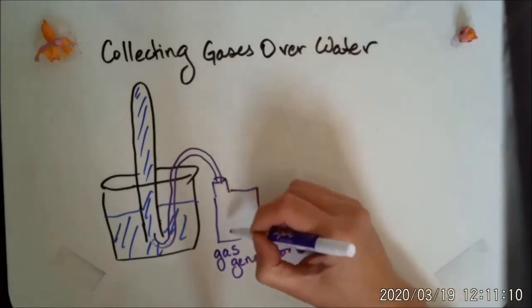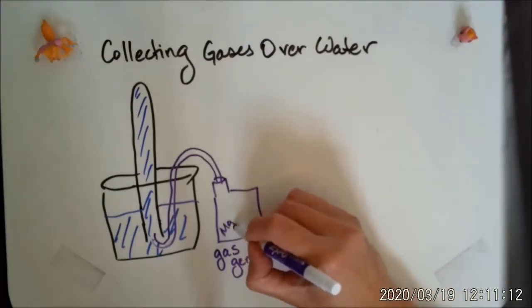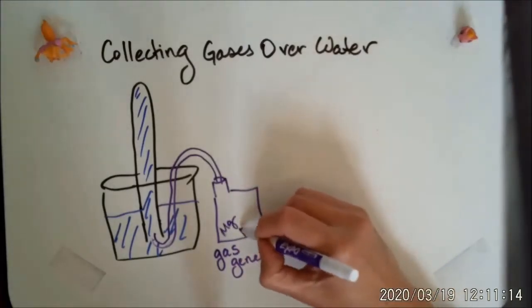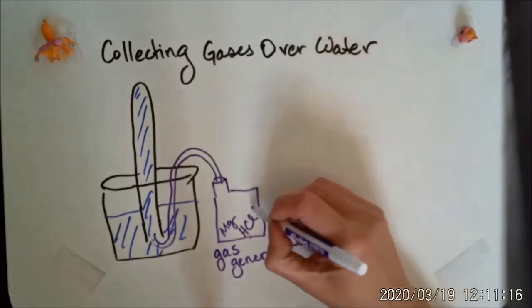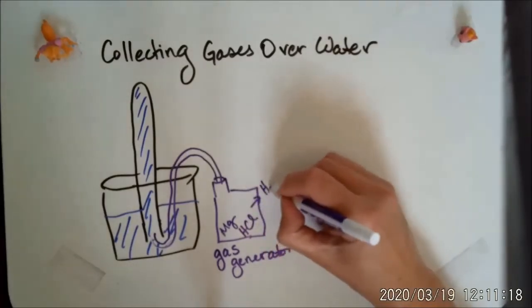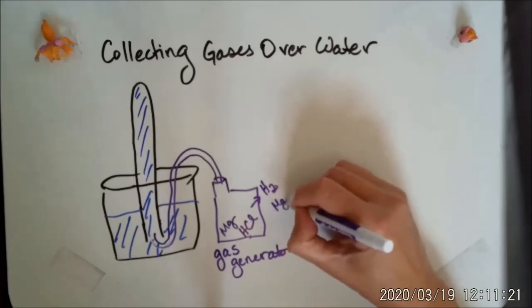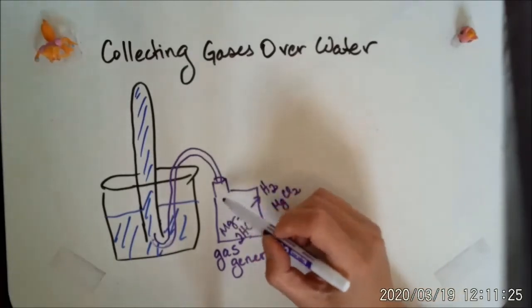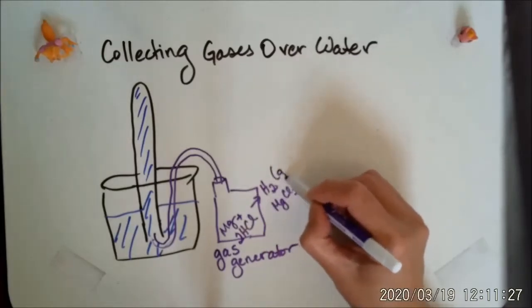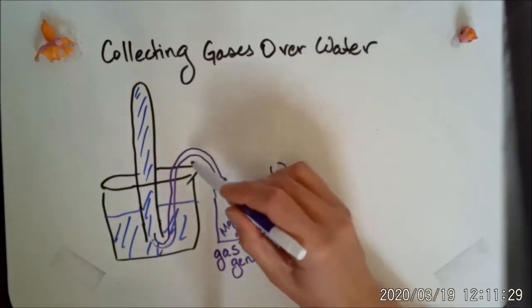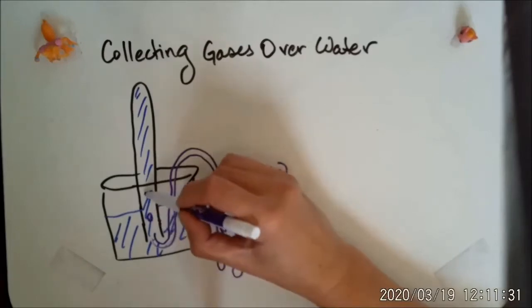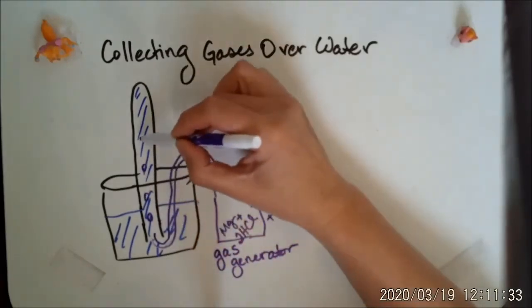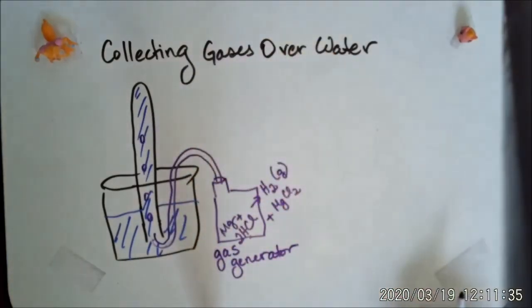Okay, so suppose I have magnesium and hydrochloric acid. And what happens is it forms hydrogen gas and magnesium chloride. When it does form a hydrogen gas, this goes through and it bubbles up in here, in your tube. Okay?